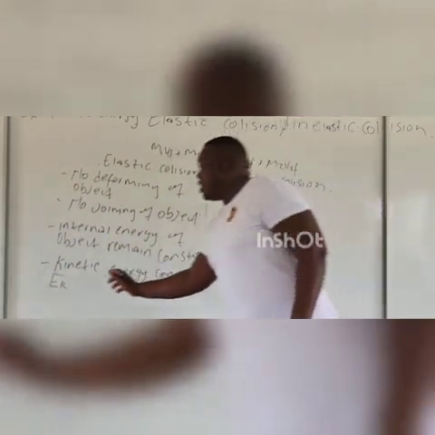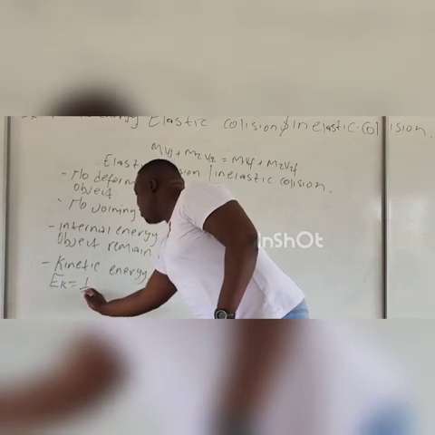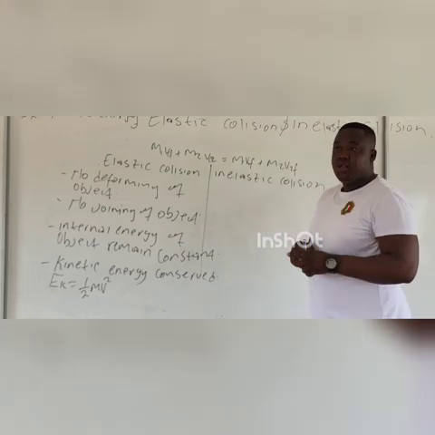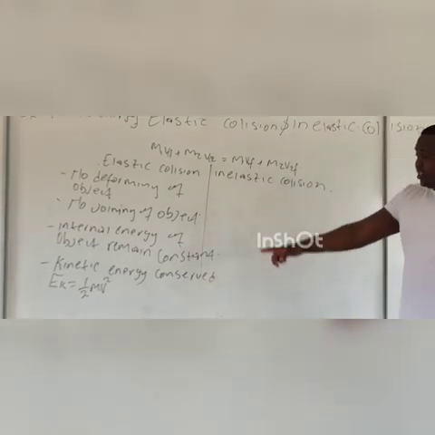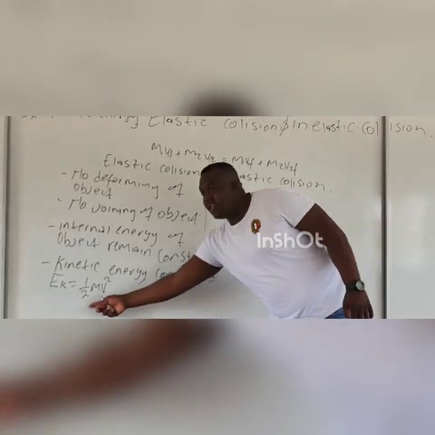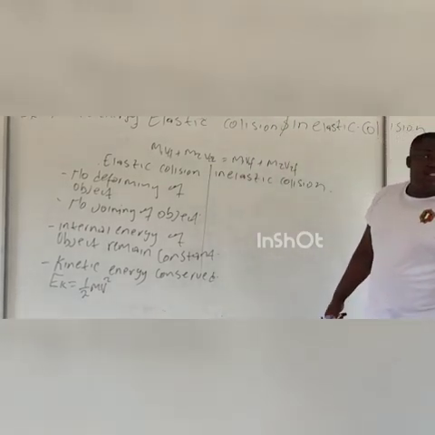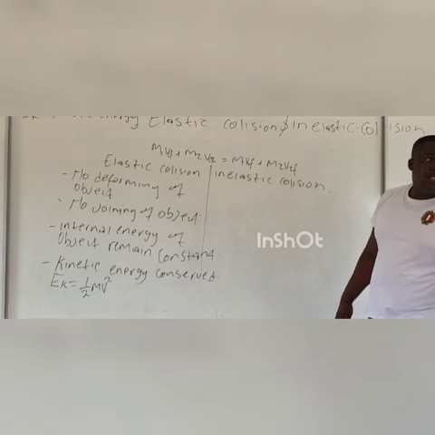So kinetic energy is given by 1/2 mv squared. This is the formula for kinetic energy: half of mass multiplied by velocity squared, right?